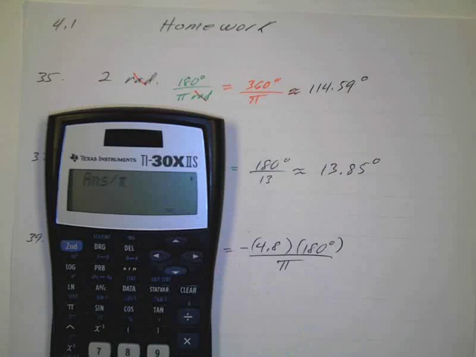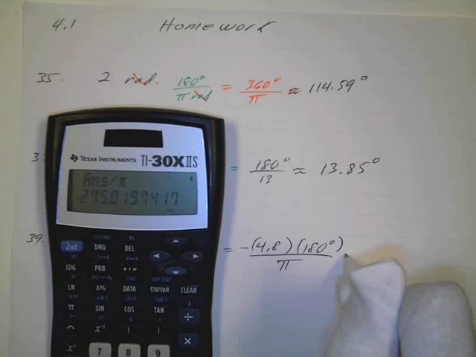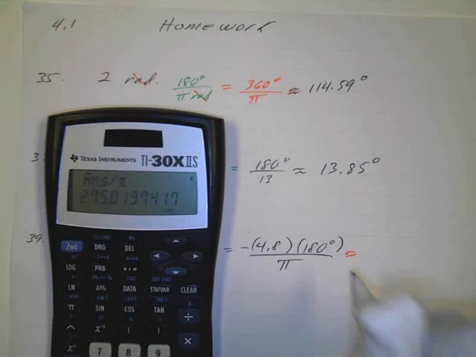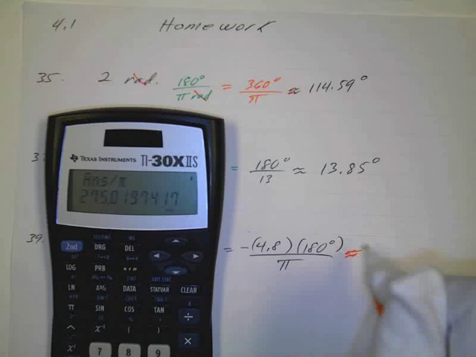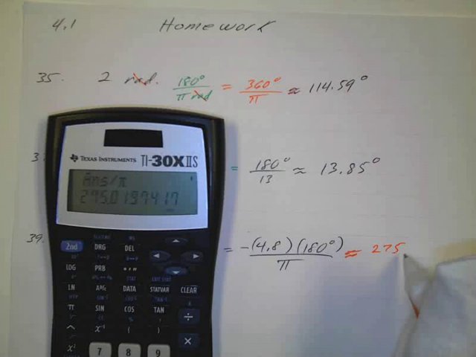And then I'll divide that by pi. And there's your answer, 275. And it's going to be negative because I have a negative. That's going to be approximately 275.2 degrees, negative. Okay?